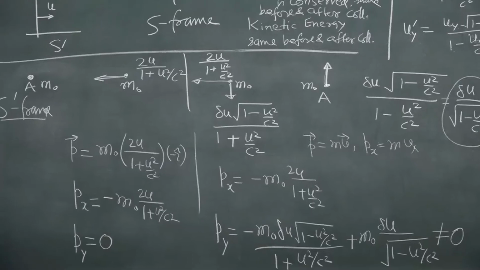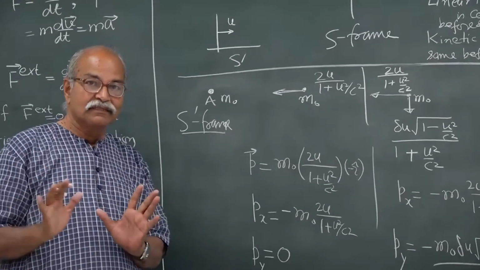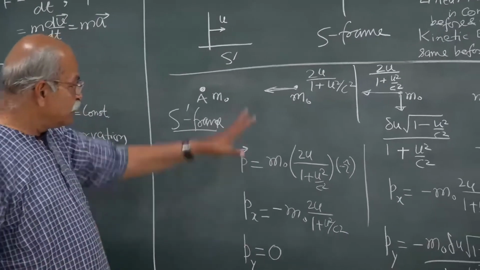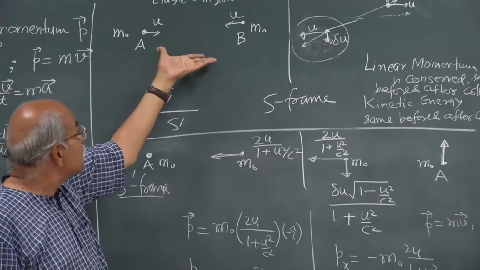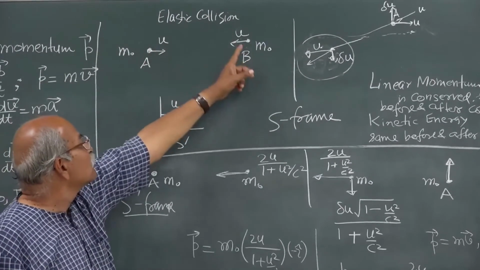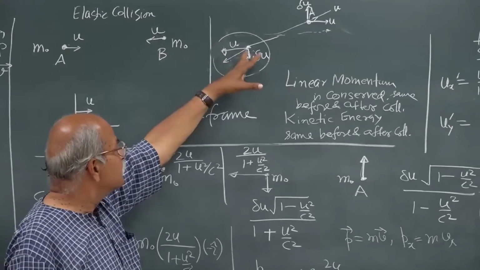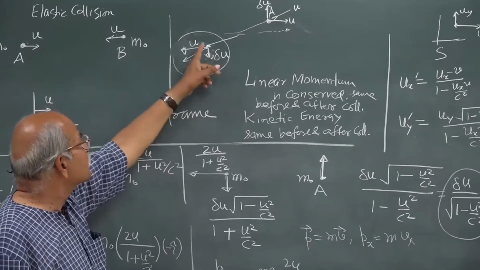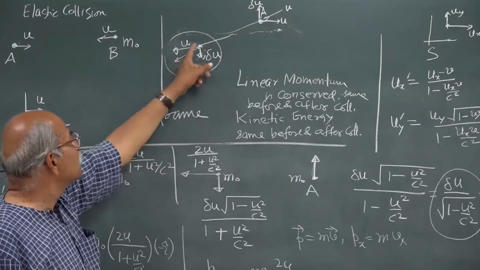Okay, so we have done the velocity transformation according to the Lorentz transformation, and what we find is that if we take this specific example, mass m naught here, mass m naught here, u here, collision, and then kinetic energy the same before and after, that tells me that for the first order of small quantity this will be u, this will be delta u.